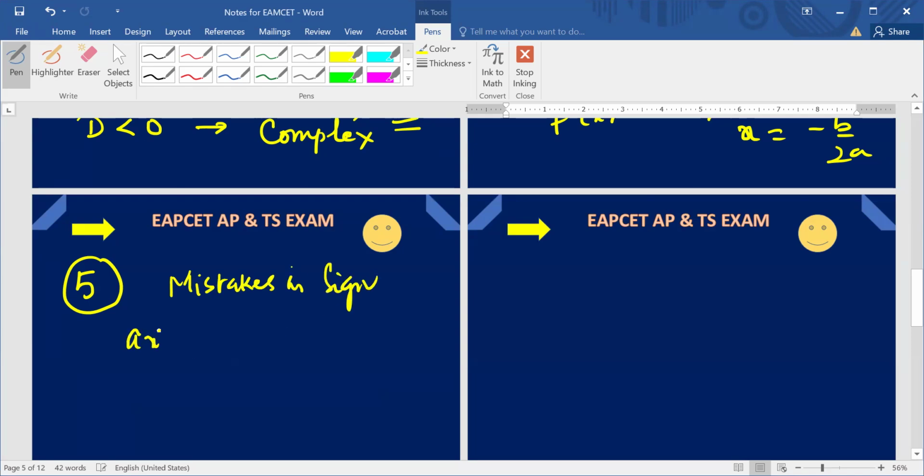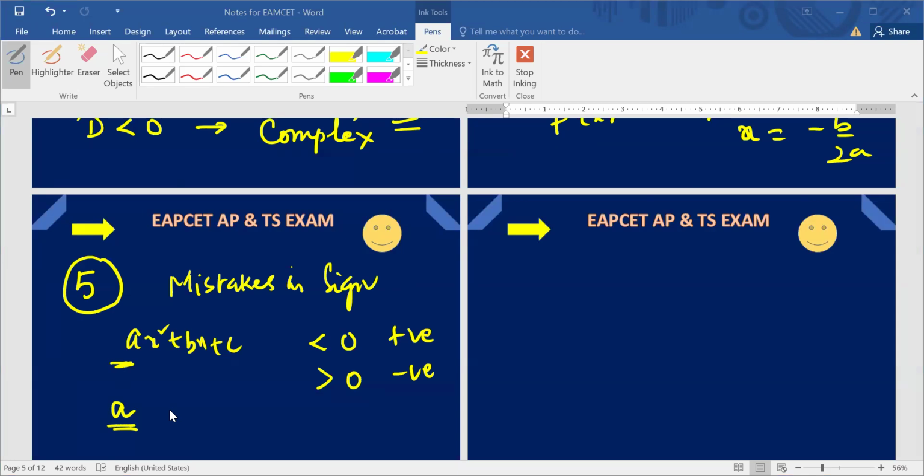See, ax square plus bx plus c, whether this expression is less than 0 or greater than 0, that means is this positive or negative? This depends upon the sign of the coefficient of x square and the nature of roots. This is what you should remember.